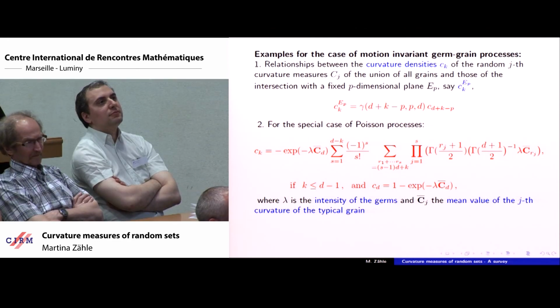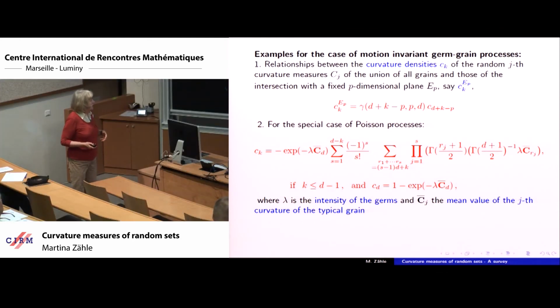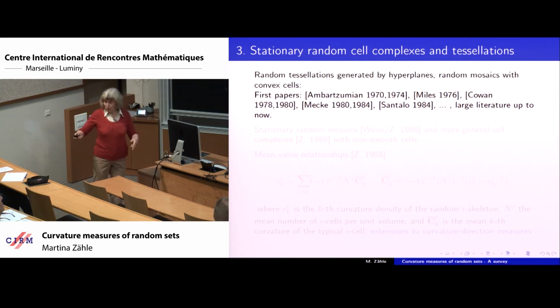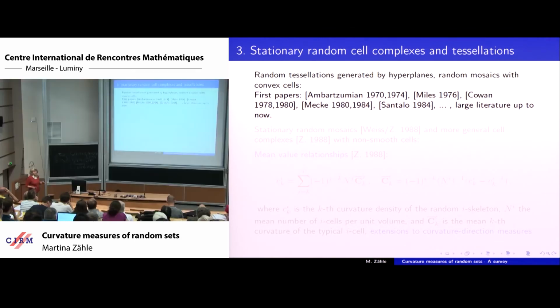Okay, this is one example where this theory can be applied in stochastic geometry. Another example are cell complexes or tessellations. They also play a role here in this conference, and many people are considering tessellations, maybe tessellations generated by hyperplanes or by other models.